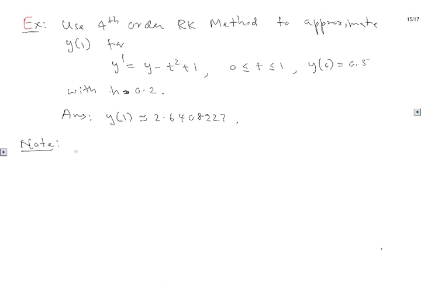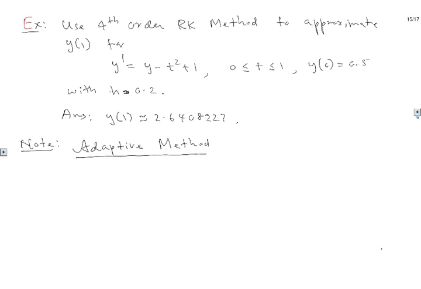Adaptive method. One of the problems in this situation is that we use the same h, and using the same h is not really the best thing that we can do.